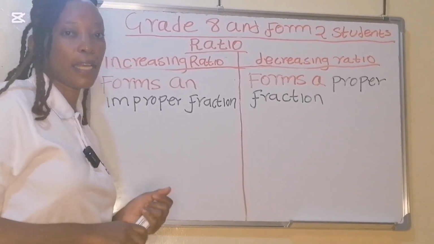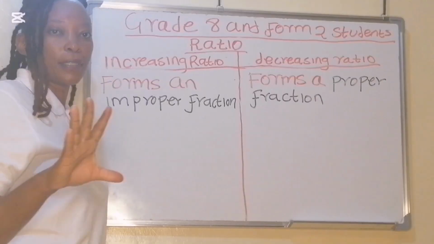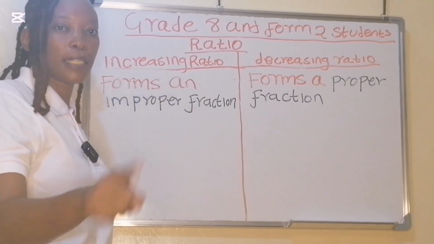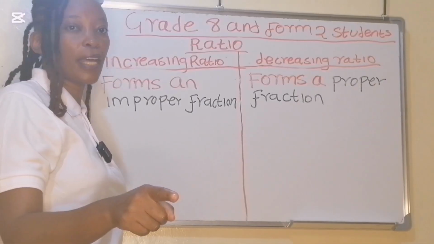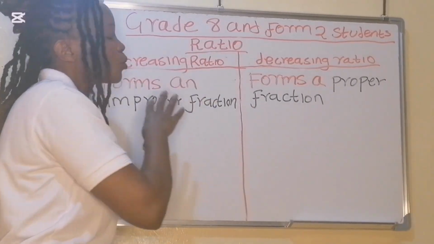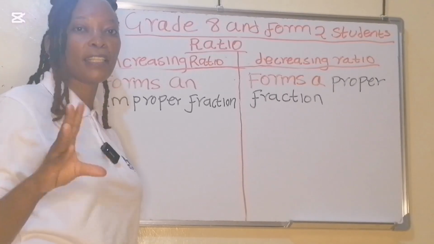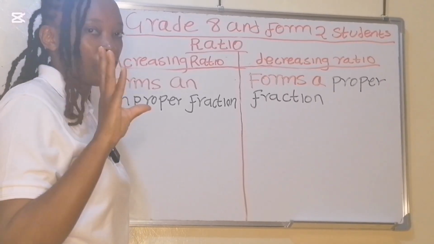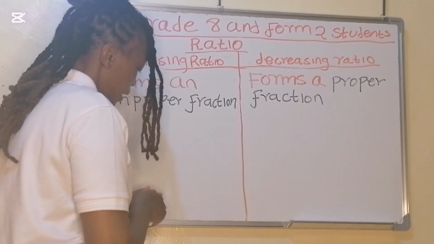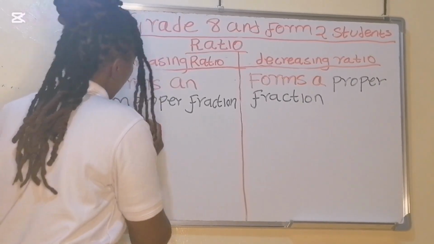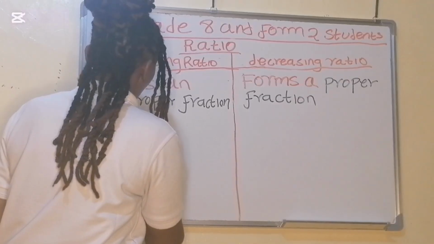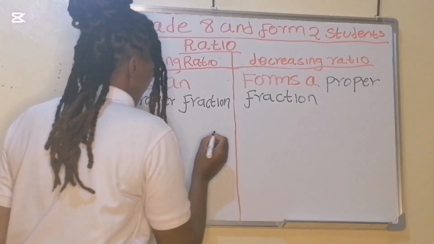We are saying here the first step to identifying an increasing ratio and a decreasing ratio is to convert the ratio into a fraction. That is the first step. Okay? Let me do that. You are given a ratio like this one.